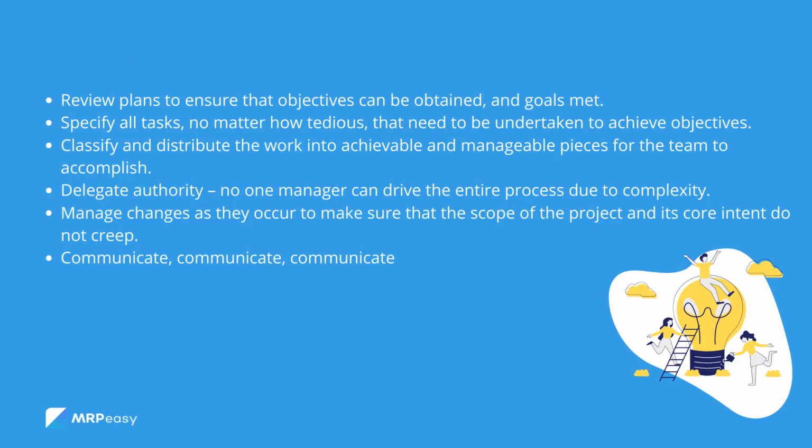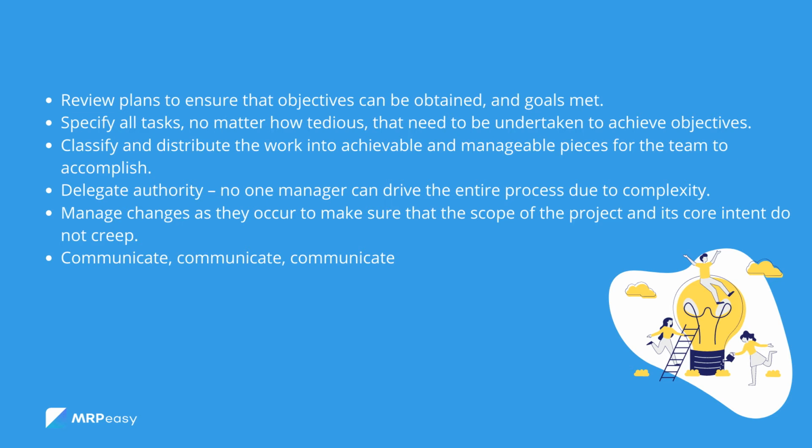Steps to develop an adequate organizational process for implementation include: review plans to ensure that objectives can be obtained and goals met. Specify all tasks, no matter how tedious, that need to be undertaken to achieve objectives. Classify and distribute the work into achievable and manageable pieces for the team to accomplish. Delegate authority.